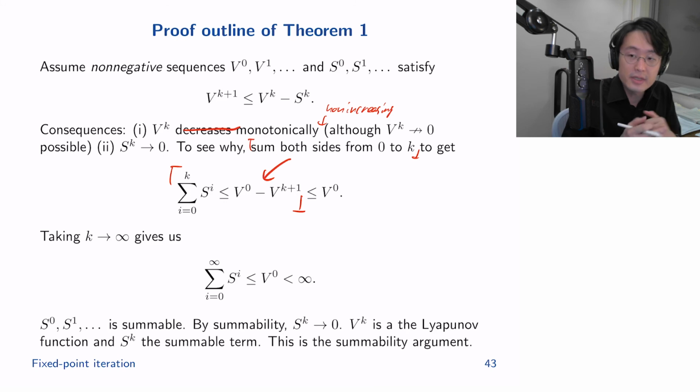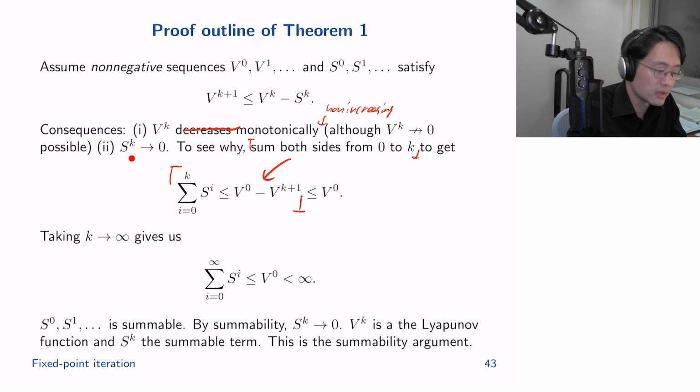In a way, this is a somewhat indirect argument, and I'm not sure if this kind of argument appears outside of the context of monotone operator theory and optimization. It's not that intuitive, because if our goal is to show that s_k converges to 0, instead of directly analyzing s_k, our first step is to establish the v_k's and then show this inequality.